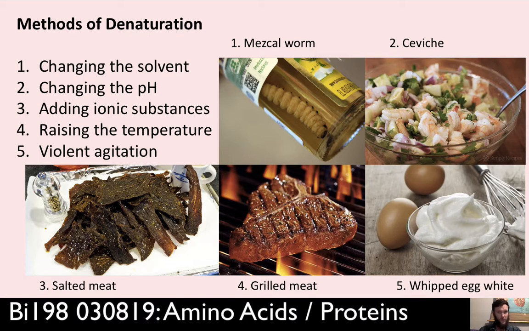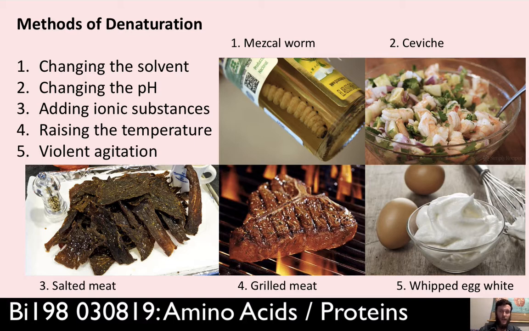I don't know if any of you have ever had or seen mezcal. It's a type of alcohol that's very similar to tequila, and often in the bottom of these bottles of mezcal is a worm. I forget the type of worm. But the proteins in that worm have been denatured because you moved the worm from its normal aqueous environment and dropped it in very high concentration alcohol, which changes the solvent.